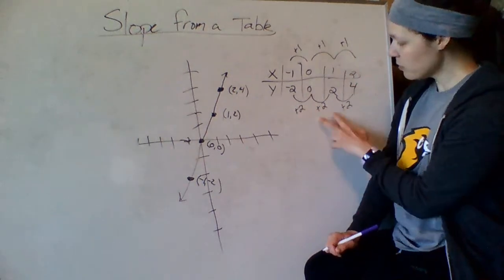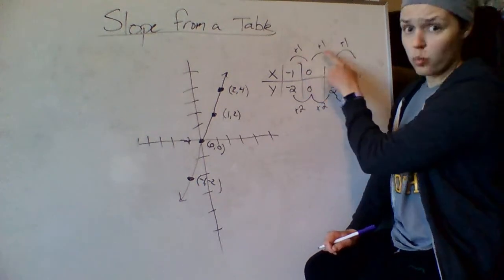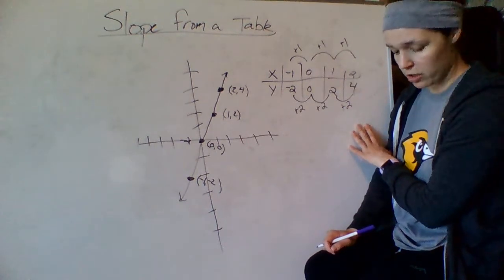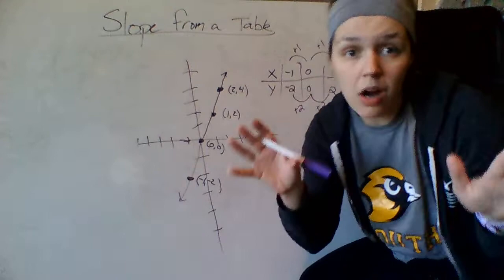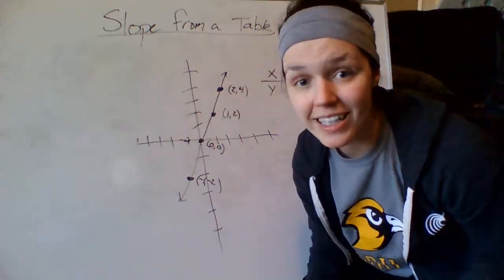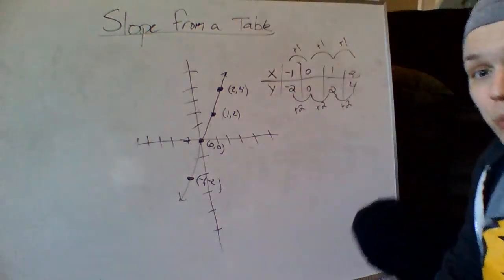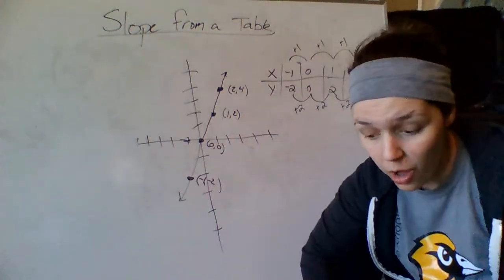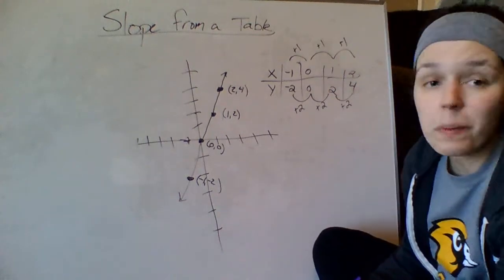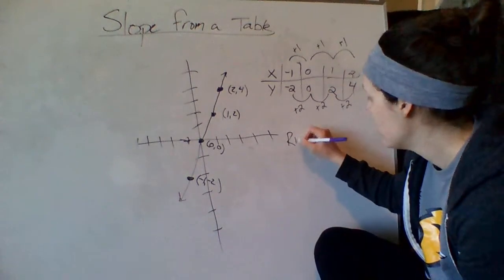Figuring out what your x's are changing by, 1s, and what your y's are changing by, 2s, is part of your slope. Now, this part is extremely important, okay? That's why I'm waving my arms like a weirdo, because so many people screw this up. Slope is rise over run.